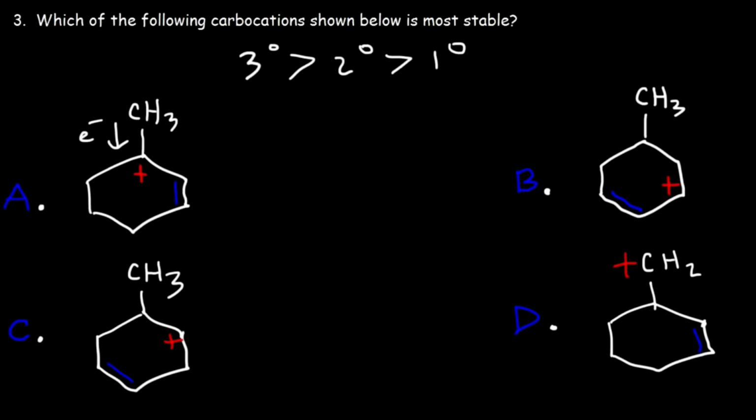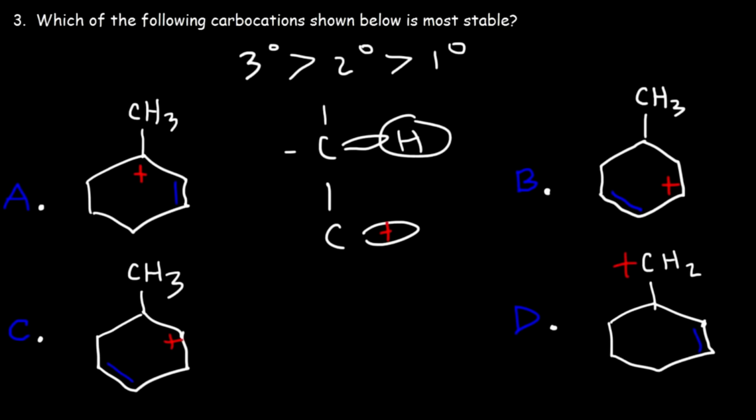The other way is by means of the overlap of atomic orbitals, which is known as hyperconjugation. So let's say you have a carbon atom with a plus charge, and let's say there's another CH3 group, and so here's a CH bond that's next to it. So there are electrons in this orbital, and that orbital can overlap with the empty p orbital below it.